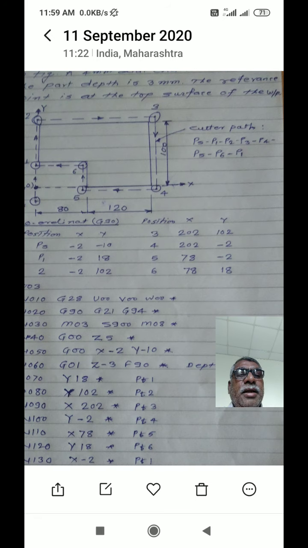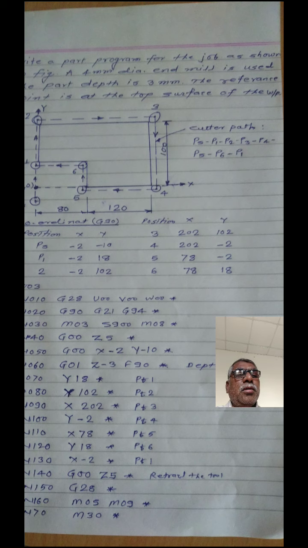Then similarly point 5. Here the y coordinate remains the same. The cutter is moving along the x-axis. You have to find out the x coordinate of point 5. Here similarly, the total distance from workpiece 0 to the corner is 80 millimeter.